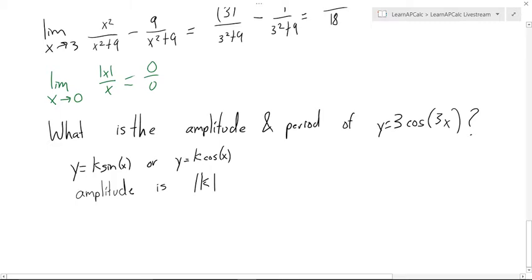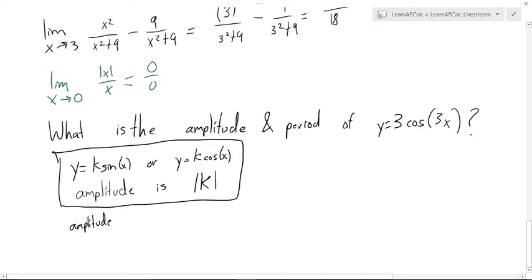So again, absolute value of k, let me write that out a little more clearly, is the amplitude. So here, our k, or essentially what we're multiplying cosine or sine by, is simply 3. So for our amplitude, I'll put this in a box here. Okay, so our amplitude, say absolute value of 3, or just 3.